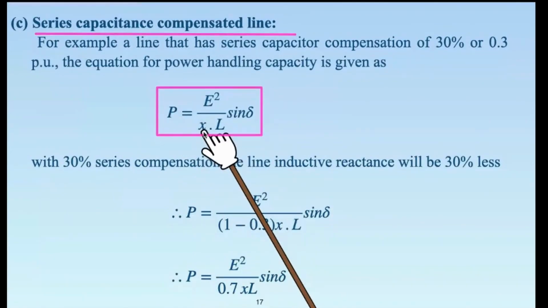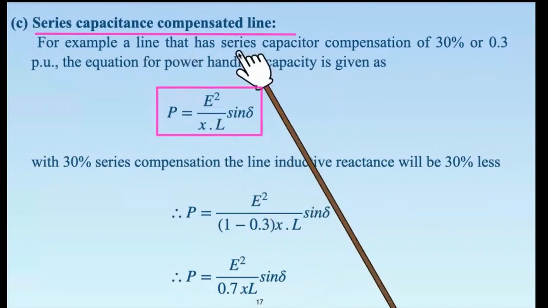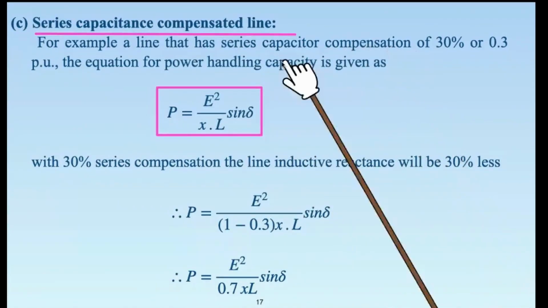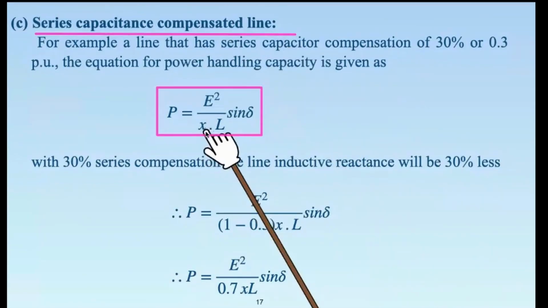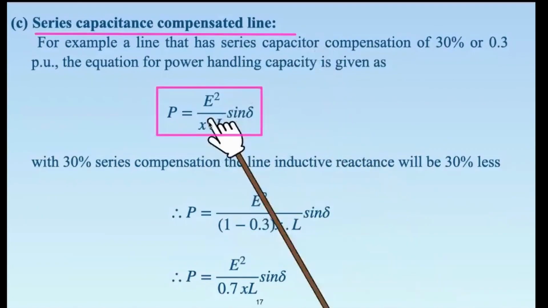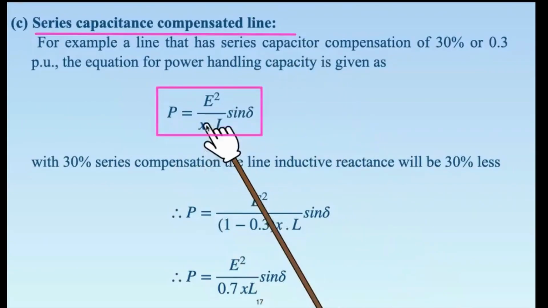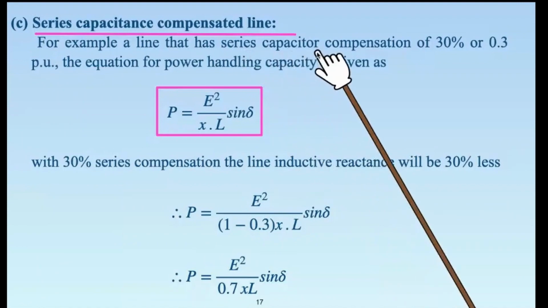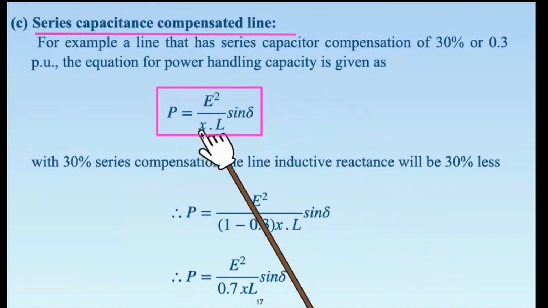So one way, considering the stability and considering the type of load, is to insert series capacitors in the transmission network. When we add series capacitors, the inductive reactance will get compensated by the capacitive reactance. Okay, so this is only XL, so you are actually trying to incorporate XL minus XC.